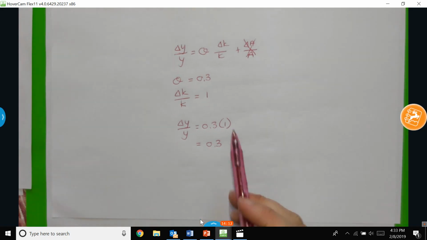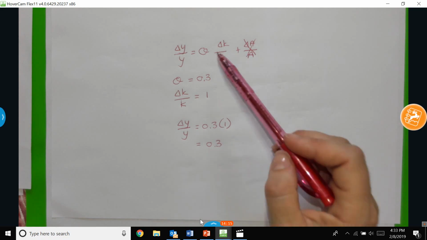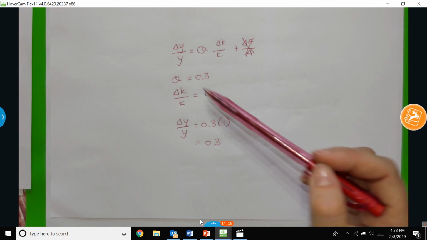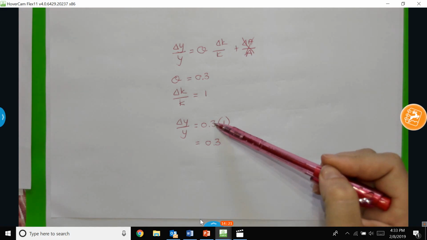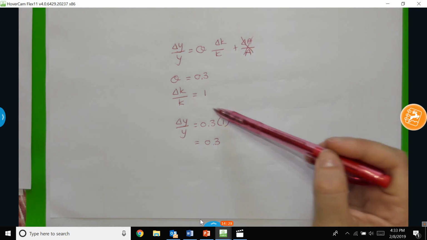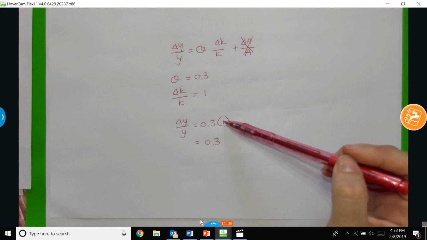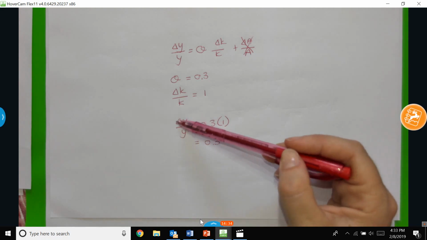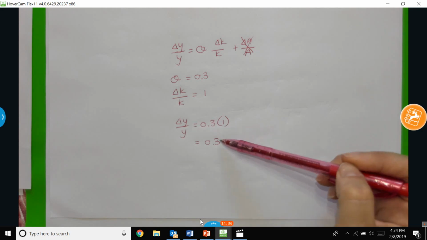So what we see is that because the share of capital in total output growth is typically quite low, around 0.25 or 0.3 in many cases, the overall contribution of changes in capital stock per person to changes in the growth in output per person is still quite low.